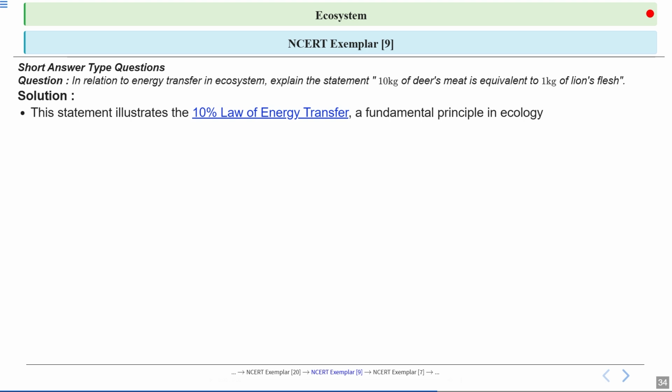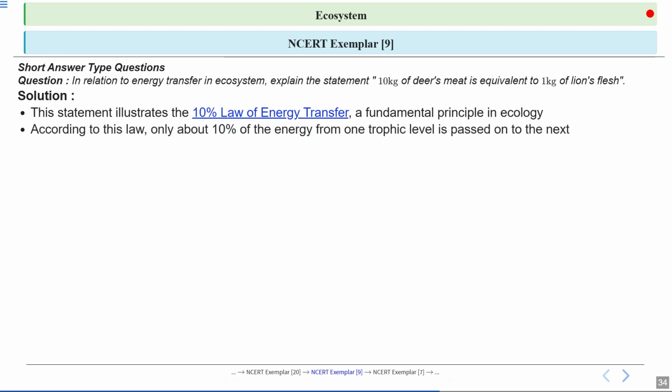So it shows that the transfer of energy from one trophic level to the next is extremely inefficient. Okay, only 10% of the energy is transferred to the next higher trophic level, and almost 90% of the energy is lost in the form of heat. So according to 10% law, only about 10% of the energy from one trophic level is passed on to the next trophic level.